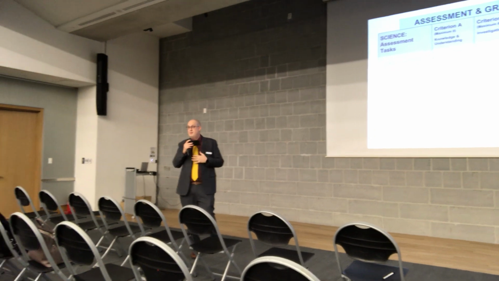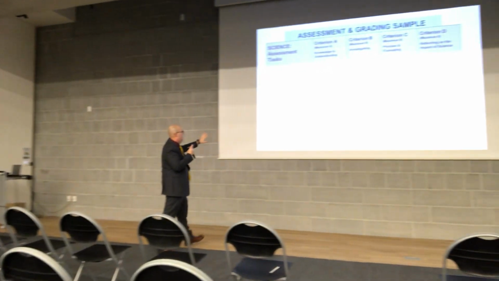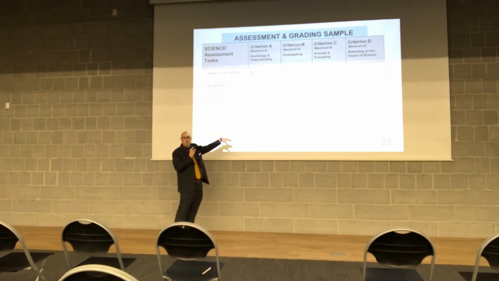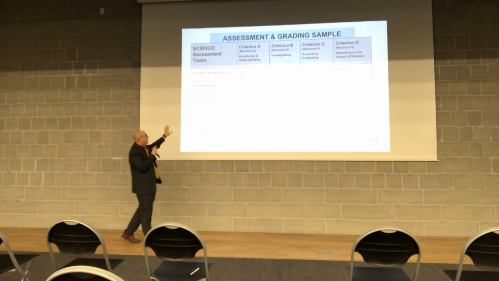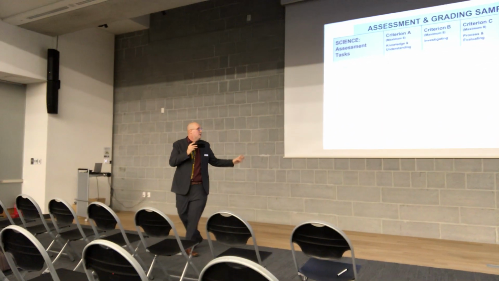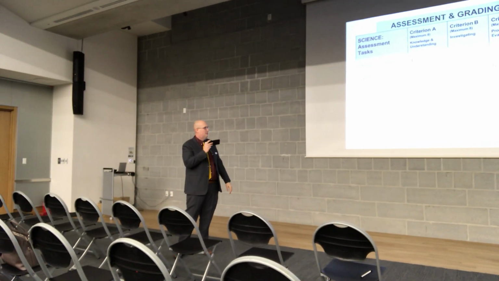Oftentimes, this comes down to the professional judgment of the teacher. As we look at this example, it's possible that the air pollution unit test was maybe not as important as the practical report on the effective measures of reducing air pollution. And so this teacher decides for this student, a 6 best reflects their score.